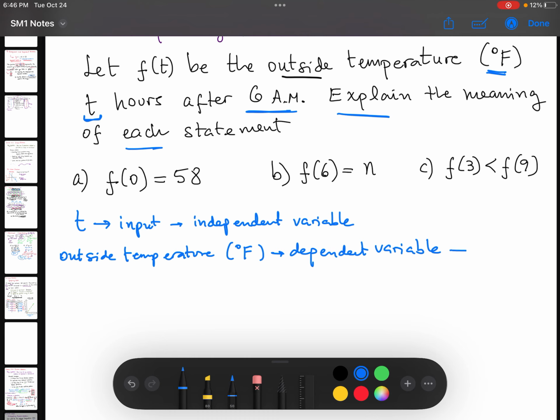And of course, it's the output. In this case, this outside temperature depends on the time after 6 a.m. All right?